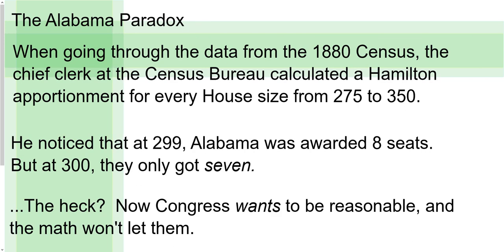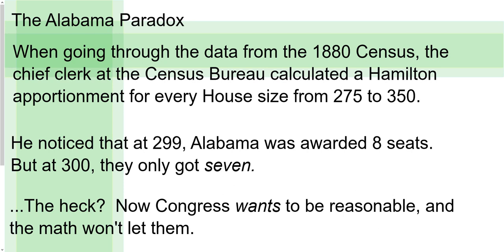Okay, so let's go on to 1880 now, because, of course, we can't have a single census go by without something happening, right? So the chief clerk of the Census Bureau gets all the census data, he parses it, and then he has to create the apportionments. He sends it to Congress. Congress approves it, sends it back to the Census Bureau.